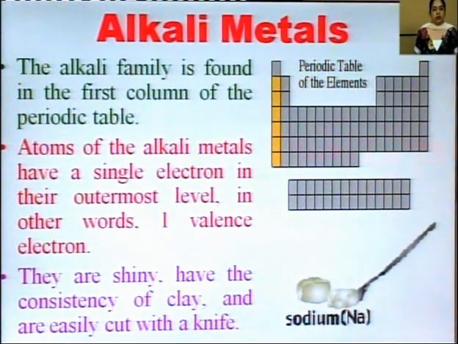Alkali metals are found in the first column of the periodic table. Atoms of the alkali metals have a single electron in their outermost shell, in other words, one valence electron. They are shiny, have the consistency of clay and are easily cut with a knife.